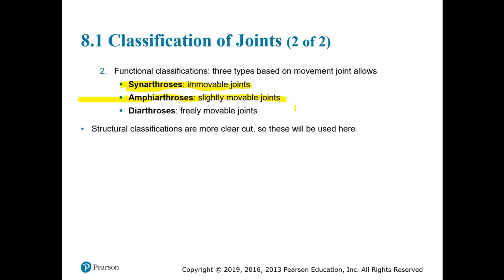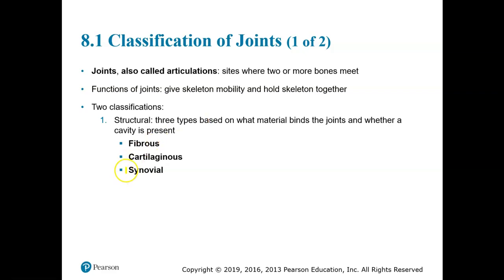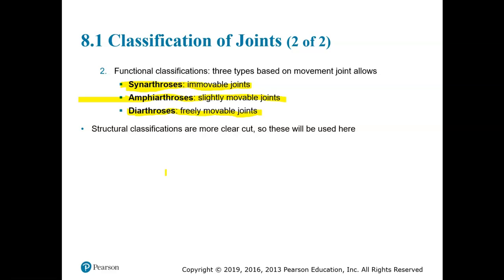But the diarthroses are freely movable and are always synovial joints. They always have a synovial membrane and a synovial cavity. So diarthroses and synovial always go hand in hand, okay?